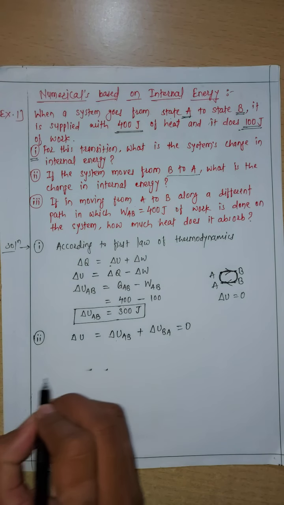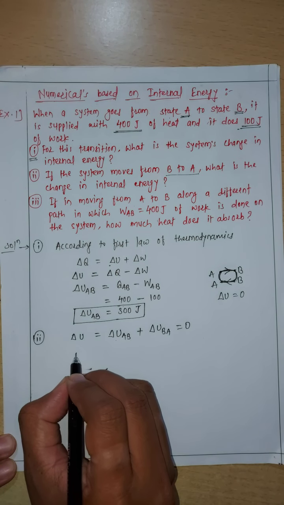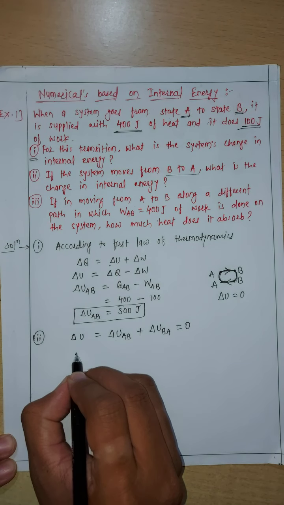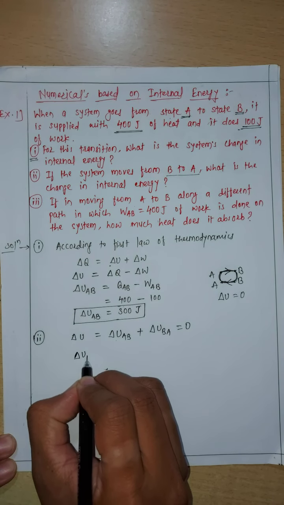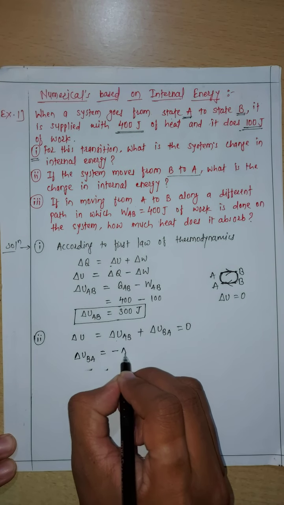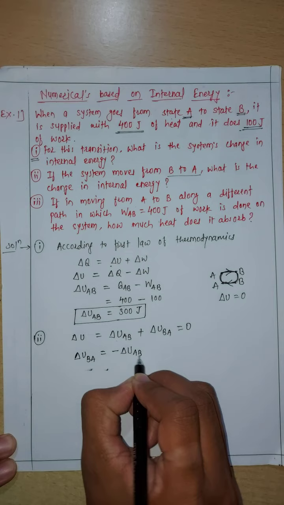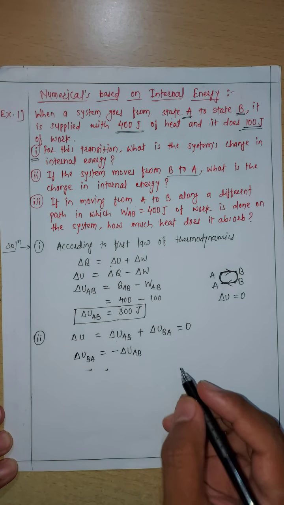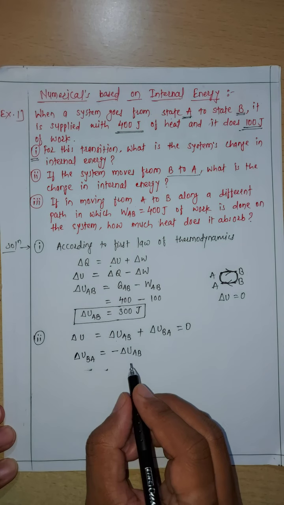Okay, so from this equation we can write the formula, that is delta UBA must equal minus delta UAB. Okay, have you understood this? Now we are going to put in the values.